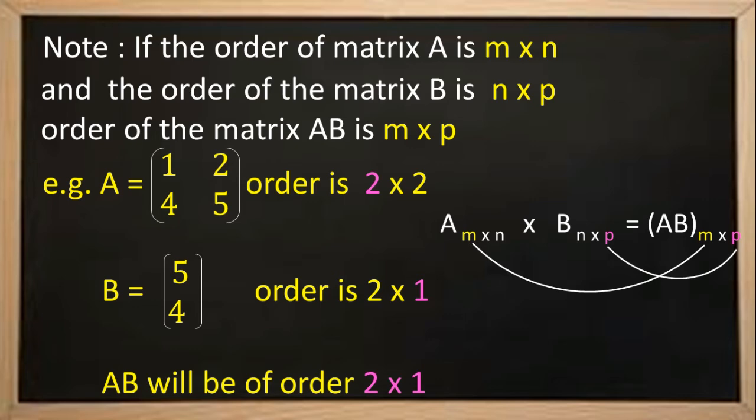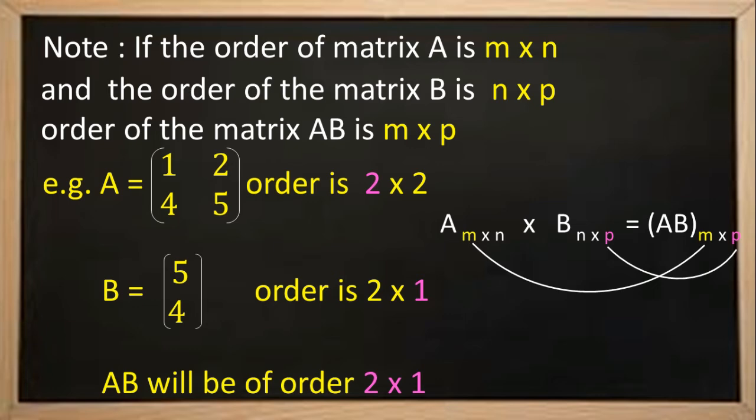So, how do we find out what order to maintain while calculating the product? As we started multiplication, it was already intimated that if and only if the number of columns in the first matrix is equal to the number of rows in the second matrix, the multiplication process is possible.